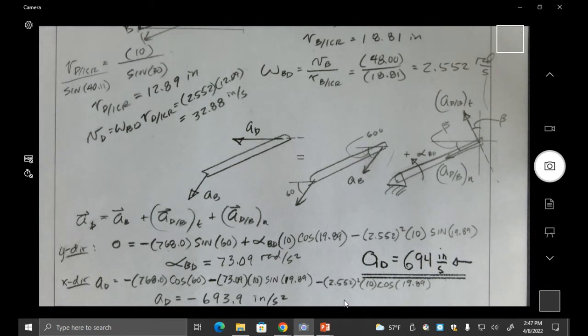Got another request. Can we do the rigid body motion velocity analysis? Is that a particular one? It says problem 15.7. Okay. Flip.